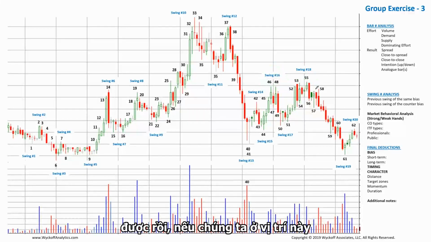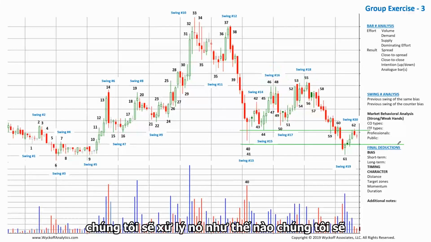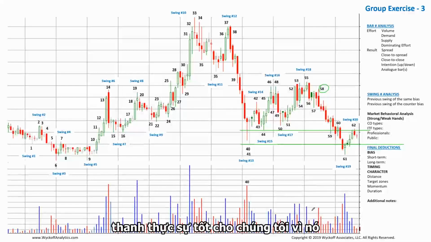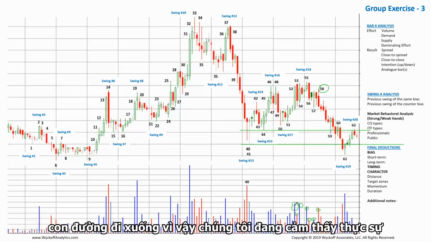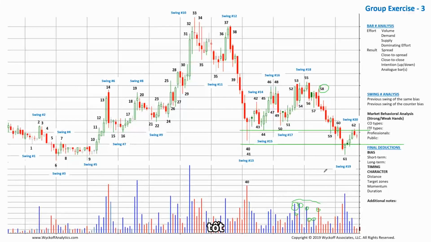All right, so if we're in this position, how would we handle it? How would we manage it? Well, let's assume that we're fully invested already in this position. The 58 bar is really good for us because it still shows that supply is increasing on the way down, so we're feeling really well.